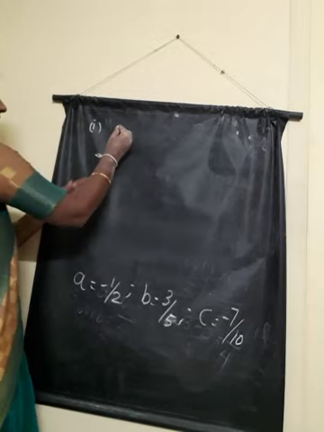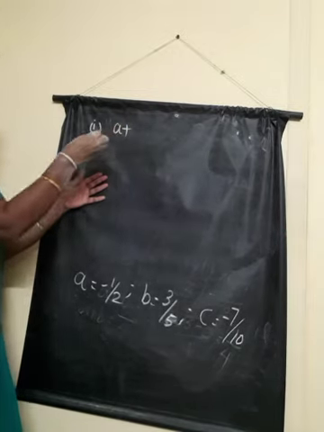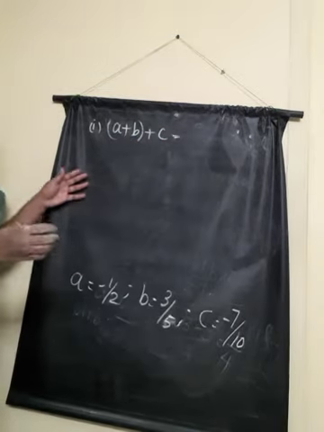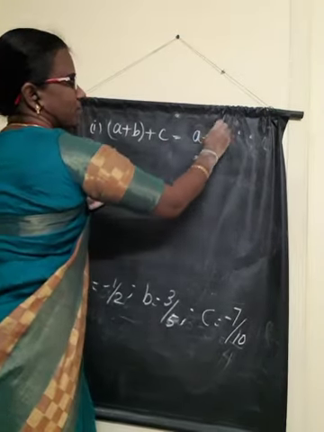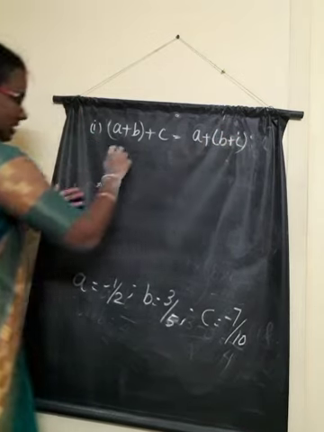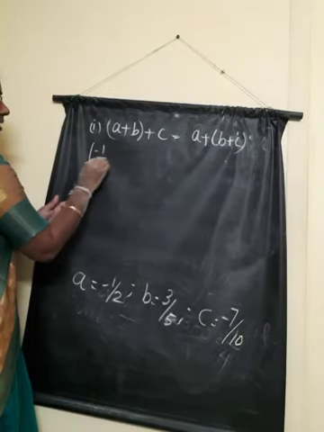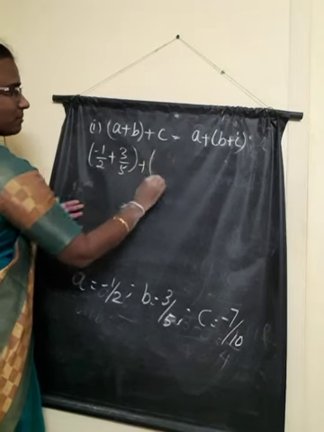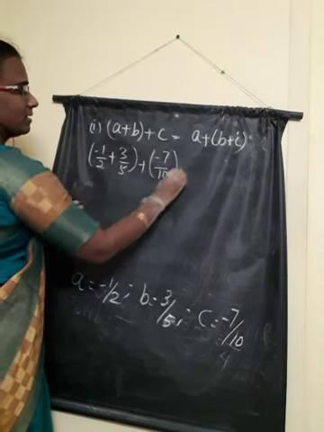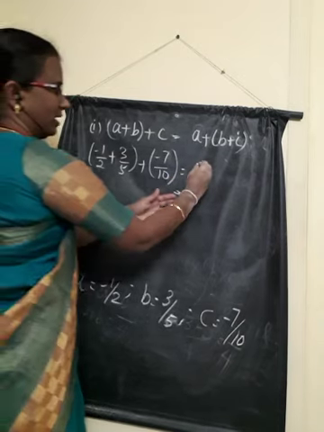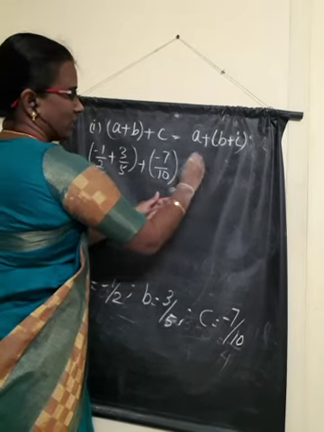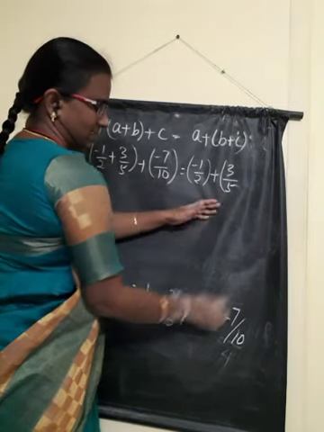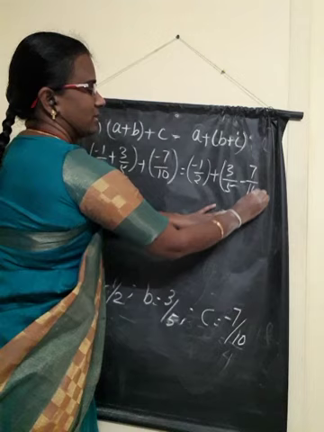So the first condition is A plus B plus C is equal to A plus B plus C. Here, A is minus 1 by 2, plus B is 3 by 5, plus C is minus 7 by 10.